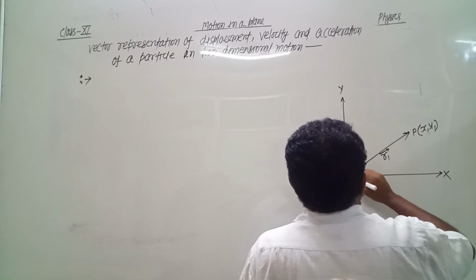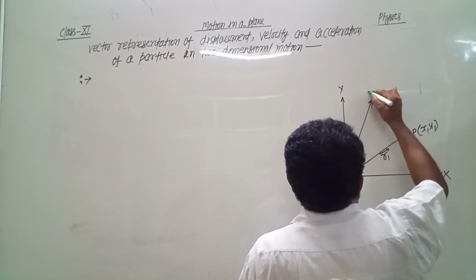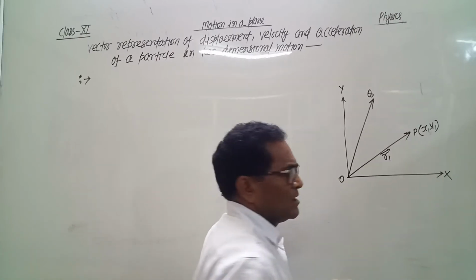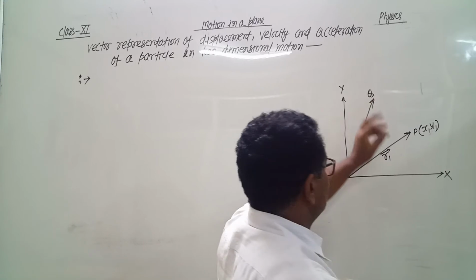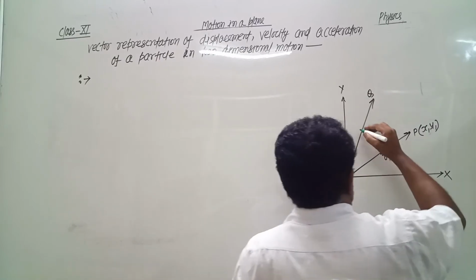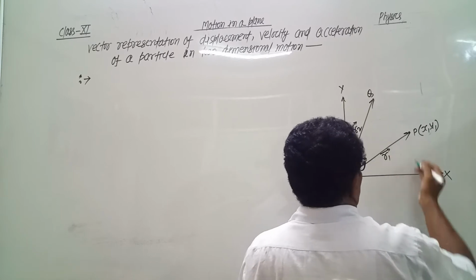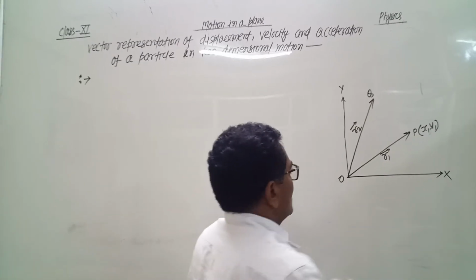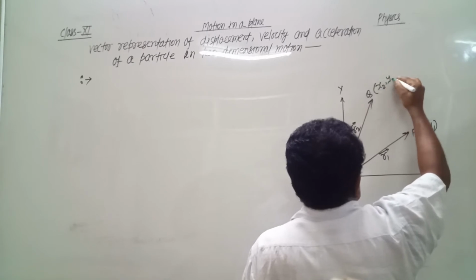After time t2 the particle reaches point Q where its position vector is r2 and the coordinates of point Q are x2, y2.